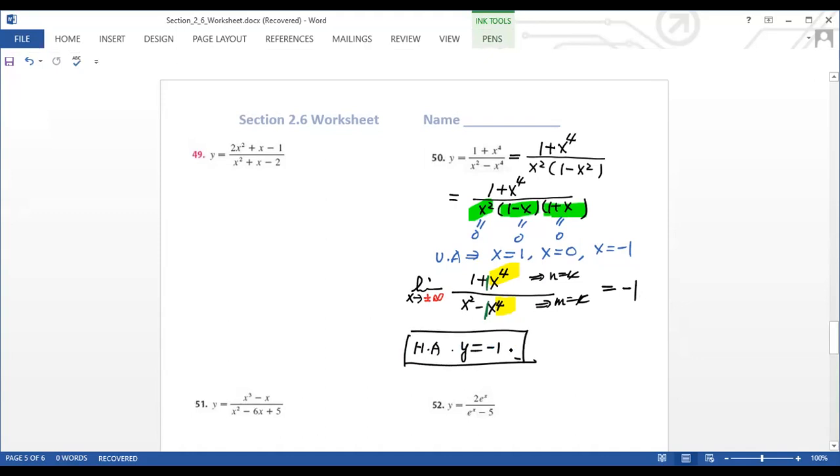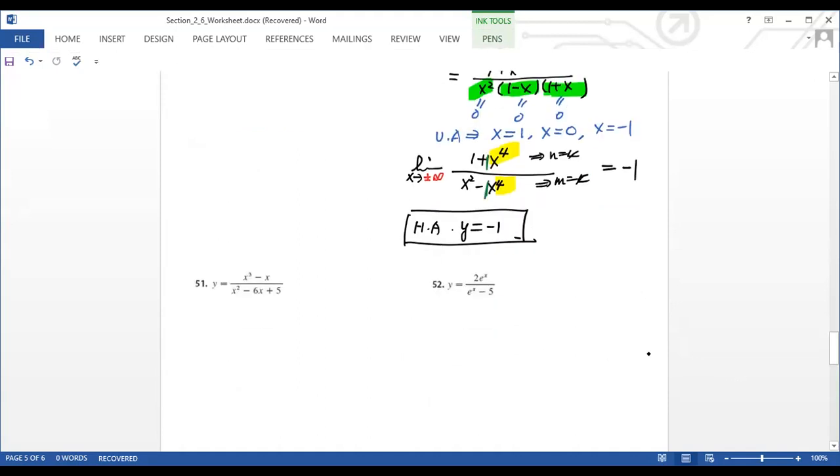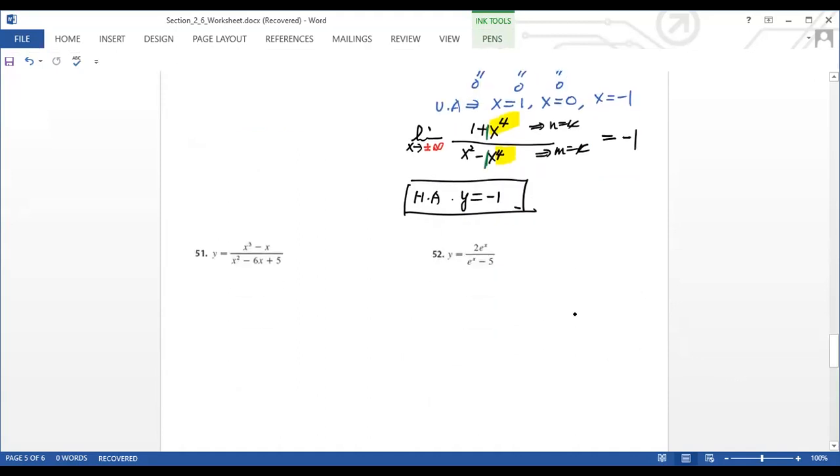Okay, now let's do one last one. Here is this e^x thing again, right? So the e^x thing again. Let's take a look. The limit as x approaches infinity of 2e^x over e^x minus 5.